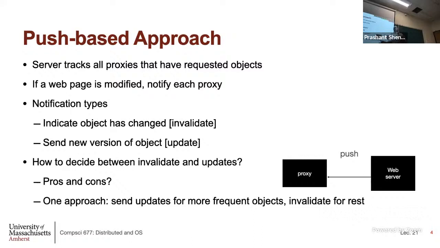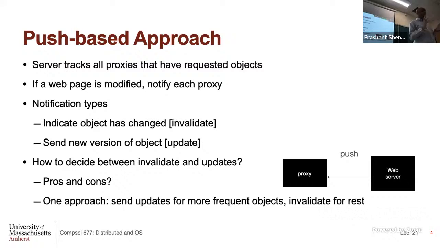In this case, an invalidate would have been better because you just send a short message saying remove this page from the cache, and if it's accessed at a later time, the cache can fetch it back from the server. If not, then there is no extra work you did by sending an update. So for less popular content, invalidates are better.